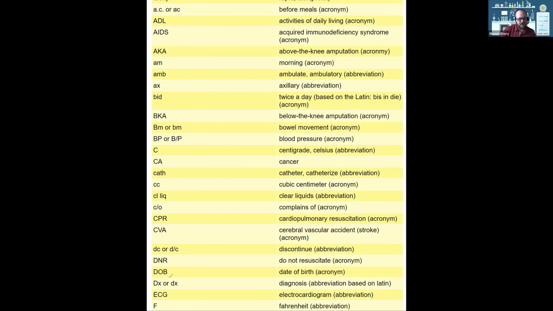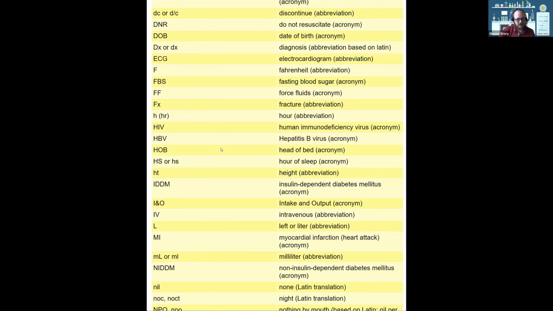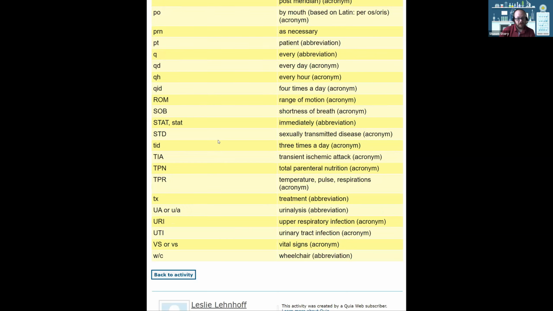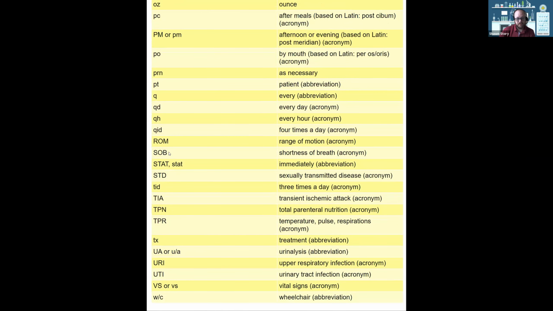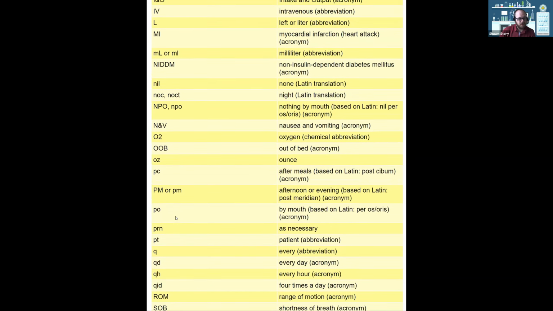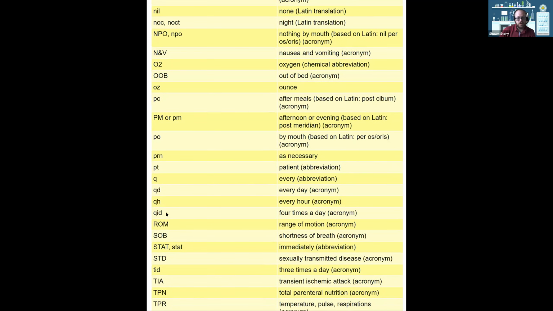Here, DOB, date of birth, DNR, do not resuscitate. And there are 127 different abbreviations or acronyms for the CNA program. Here's all of them. SOB, shortness of breath. You said QID, 4 times a day.